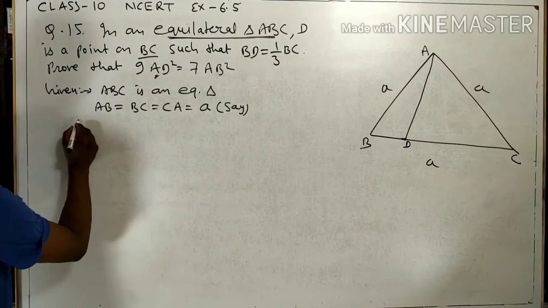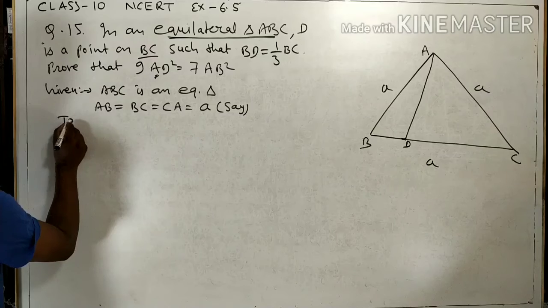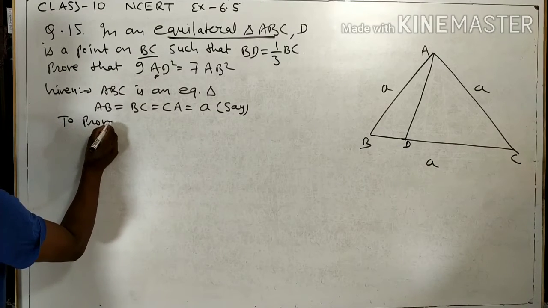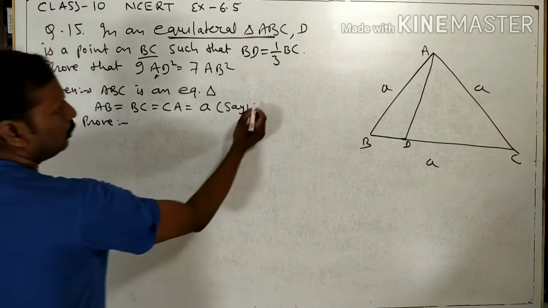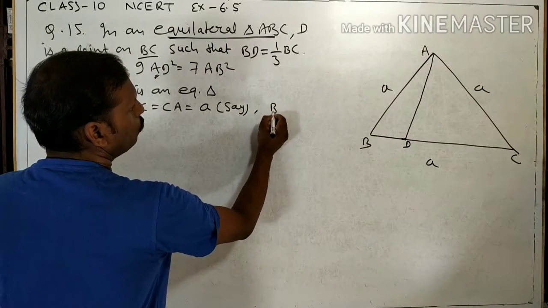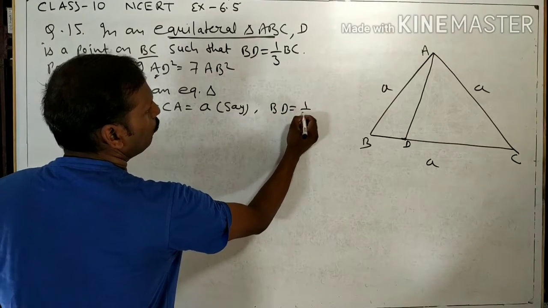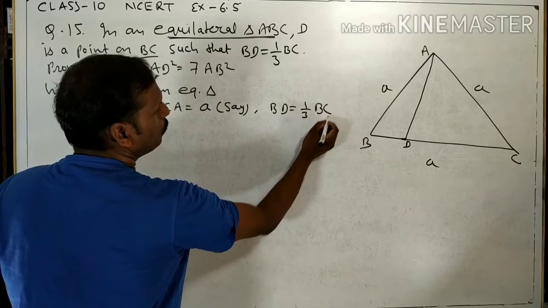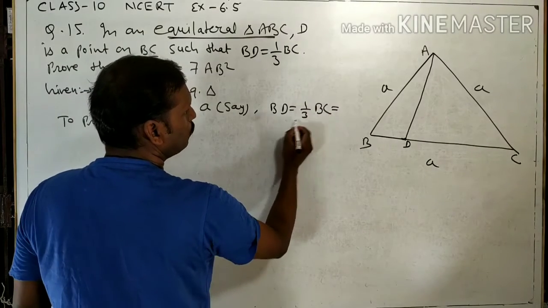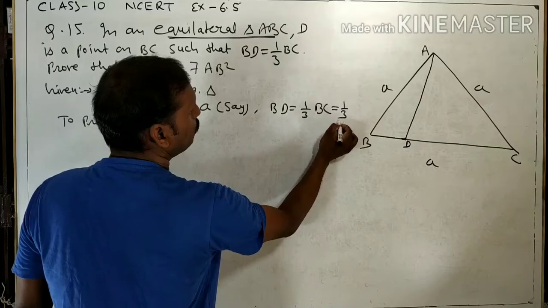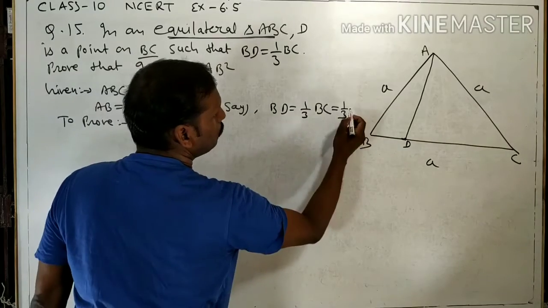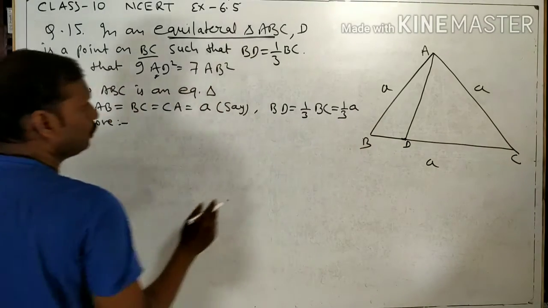Also BD equal to 1 by 3 BC. 1 by 3 BC means 1 by 3 A, since BC is A. So BD equal to 1 by 3 A.